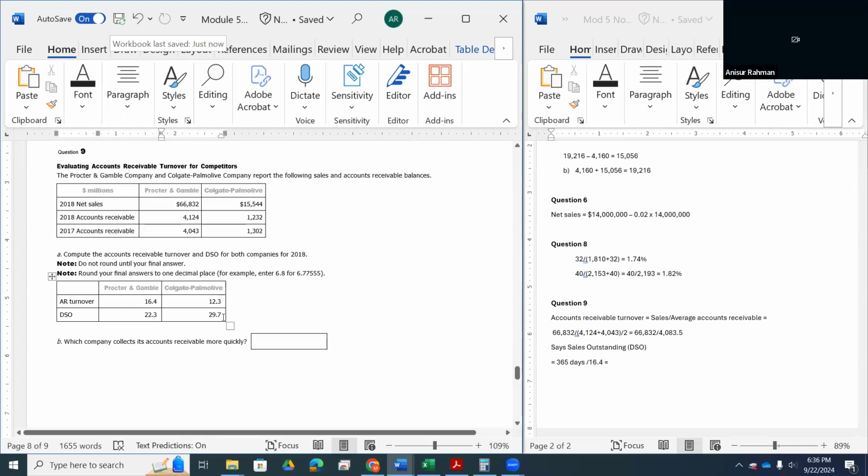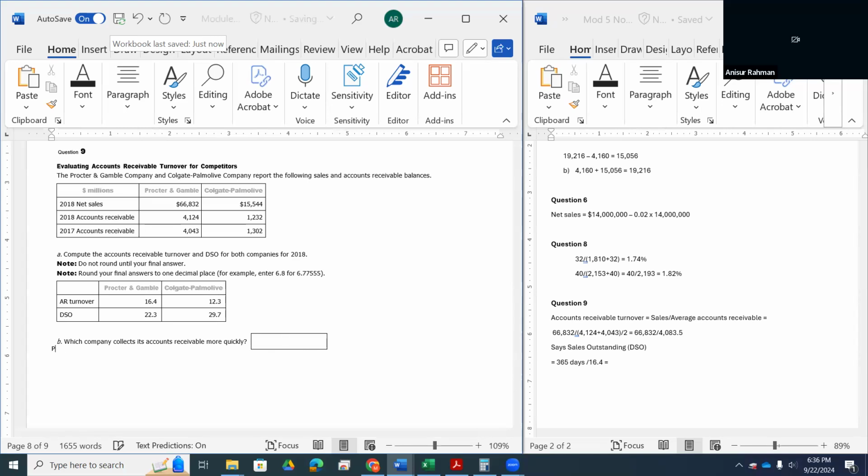But in terms of number of days, which company collects its accounts receivable more quickly, it is Procter & Gamble that collects its accounts receivable more quickly. So it should be Procter & Gamble.